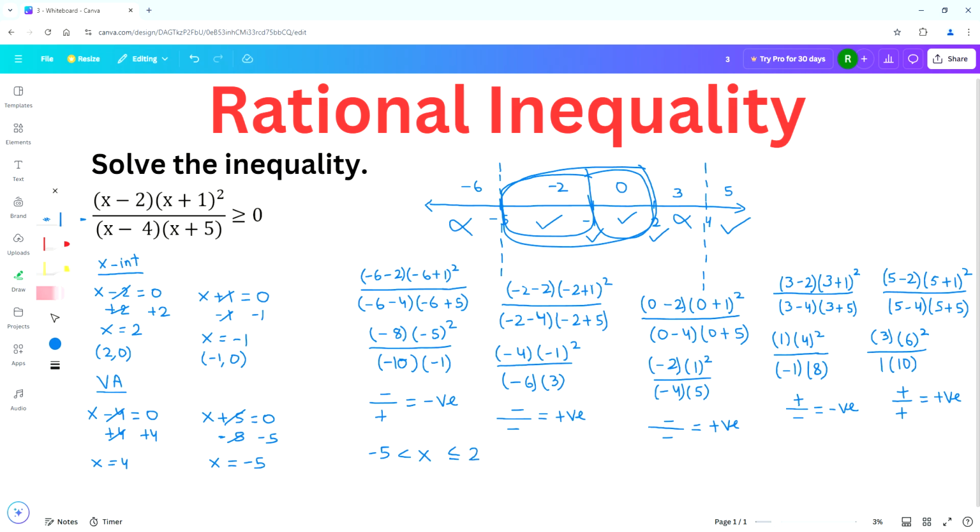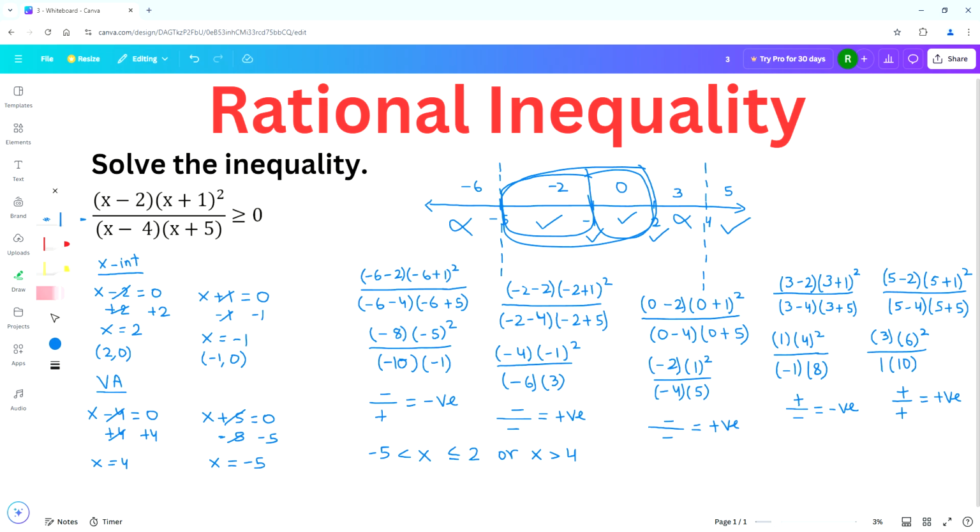we cannot include -5 in our solution because there is a vertical asymptote at -5. So this is the final answer in inequality notation.